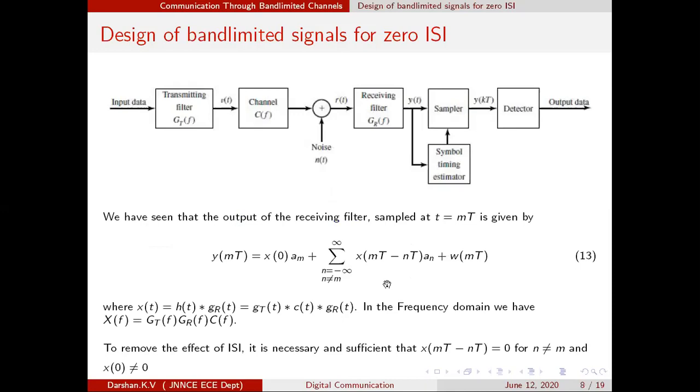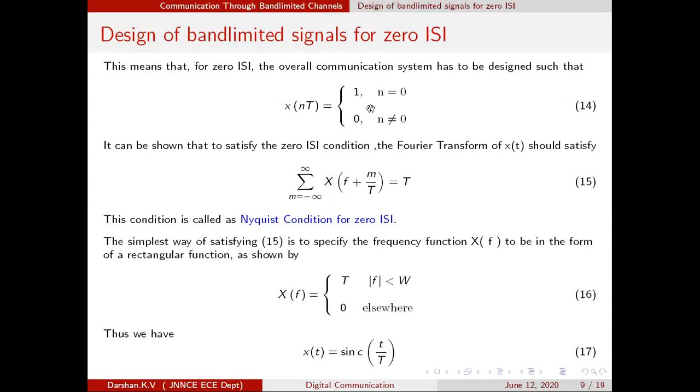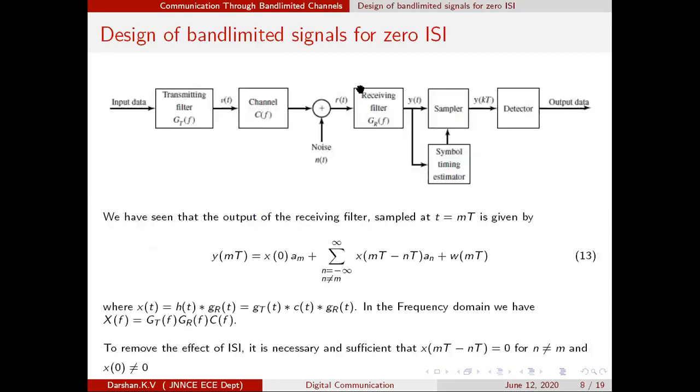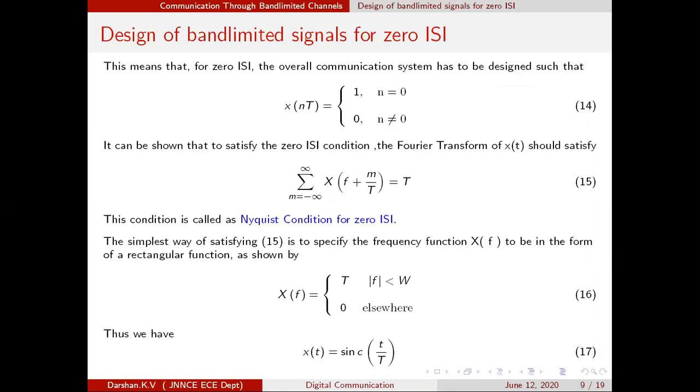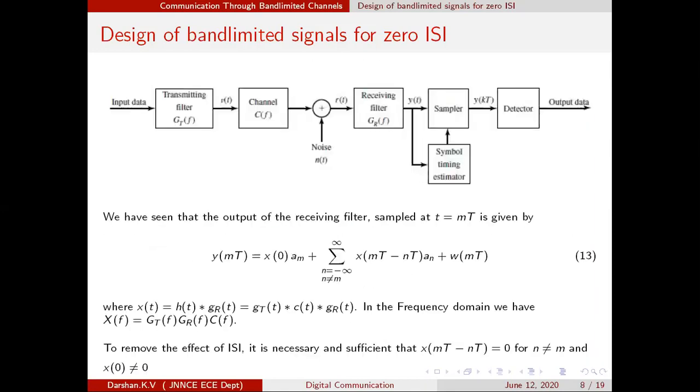So the summation term would be 0. What about the term x of 0? If you observe, x of 0 is 1. Therefore, only the desired term will be left and all other terms will be 0. So if we satisfy equation number 14, we will get zero ISI.